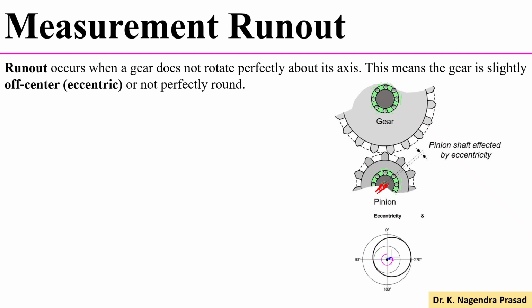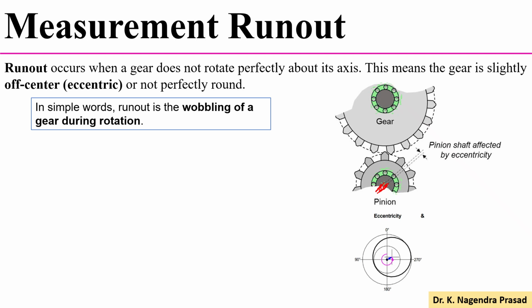Then the pinion does not rotate perfectly about its axis, so it will be slightly eccentric. This eccentricity we call the amount of runout, and this is the runout effect of the gears.